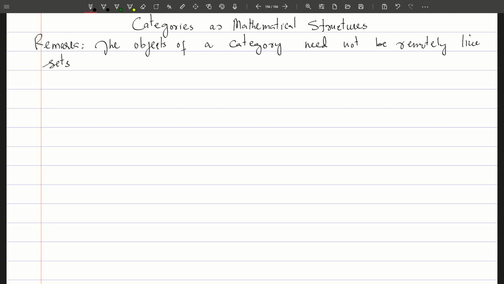And the maps in a category need not be remotely like functions.